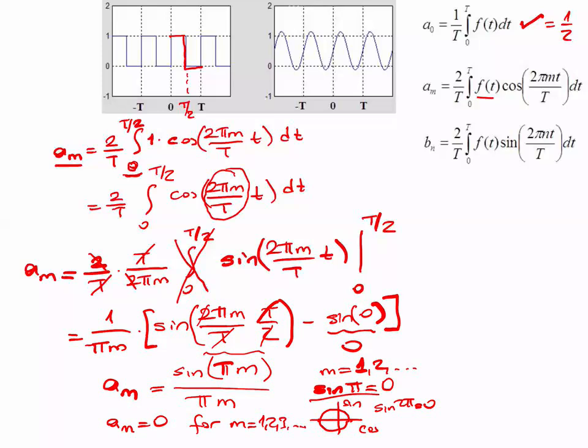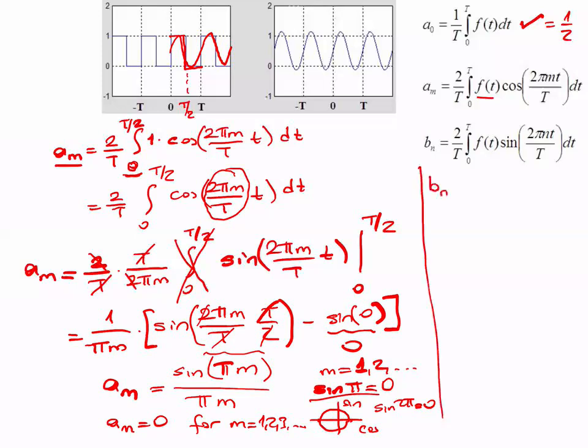That means this signal is not similar to a cosine signal at all, okay? Because when you look at this, it is like a sine signal like this. It looks like a sine, so there is no cosine component in this part. So we will look at the B_n.